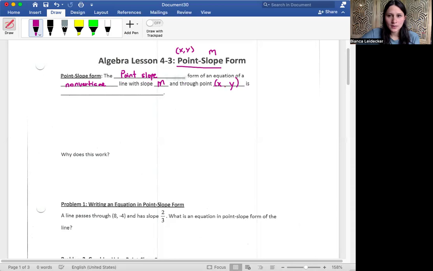But we're going to identify these points as one of the points, so we're going to put a 1 next to it, x1 and y1. The equation is y minus y1 equals m times x minus x1.